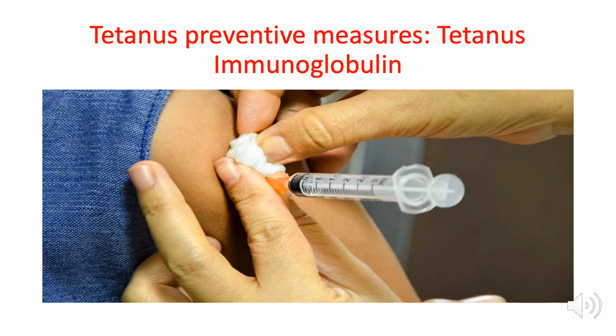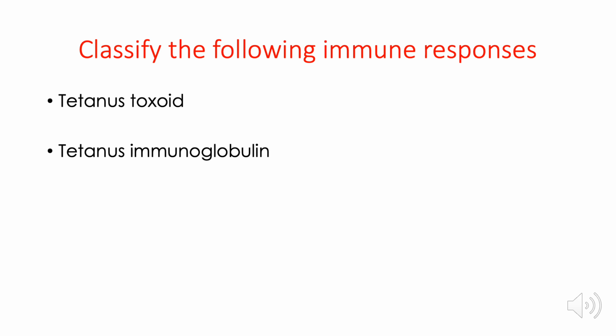So putting them together, this is an example of artificial passive immunity. So administration of tetanus toxoid induces artificial active immunity, while administration of tetanus immunoglobulin is an example of artificial passive immunity.